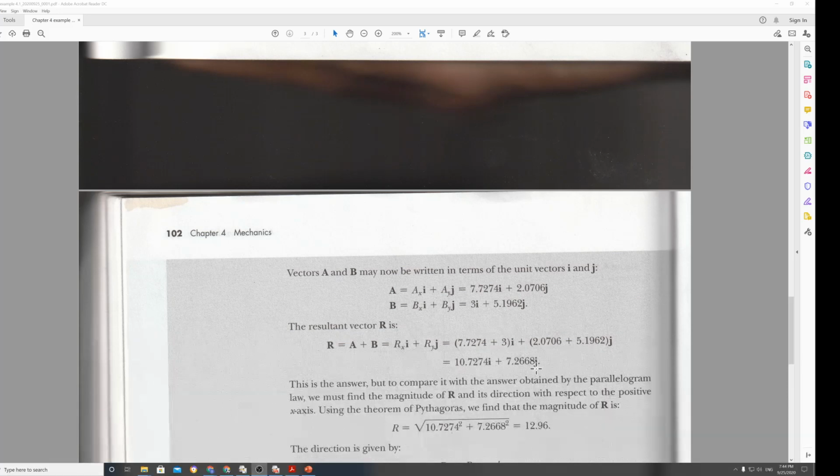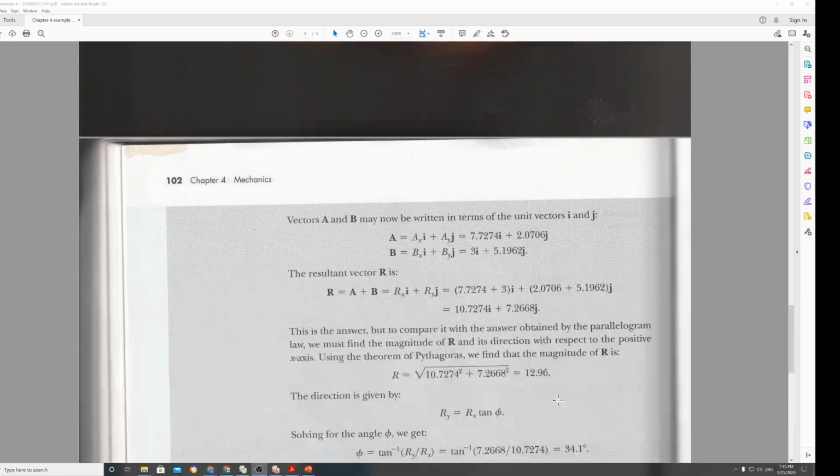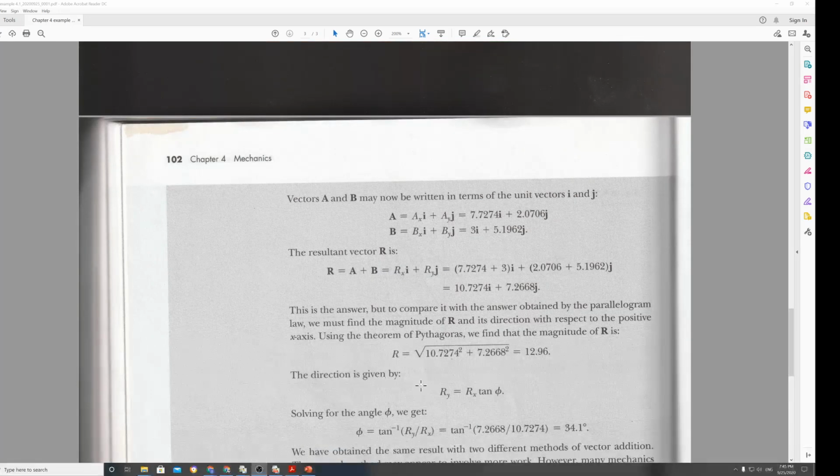So now we have our two components, and we just apply the Pythagorean theorem to come up with the resultant vector, which is basically the distance. So it's this component squared plus this component squared, square root, gives us 12.96. And then we can apply the tangent.